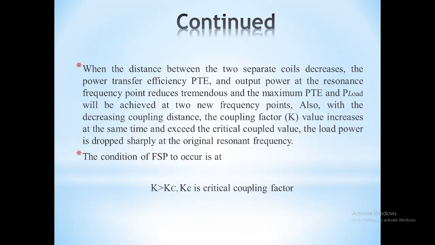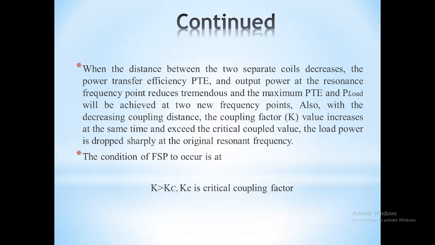Now we will explain why the frequency splitting phenomenon occurs. When the distance between the two separate coils decreases, the coupling factor increases, due to the relation between distance and coupling factor. So as the distance decreases, K, the coupling factor, increases, and this leads to the frequency splitting phenomenon if the coupling factor becomes higher than the critical coupling factor.